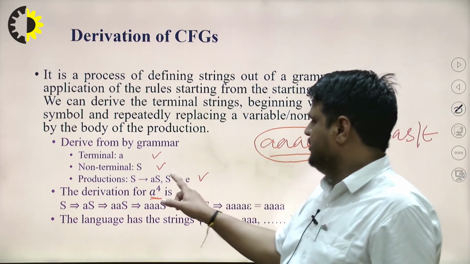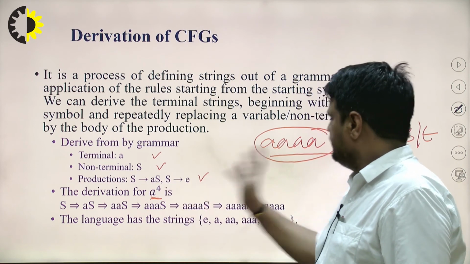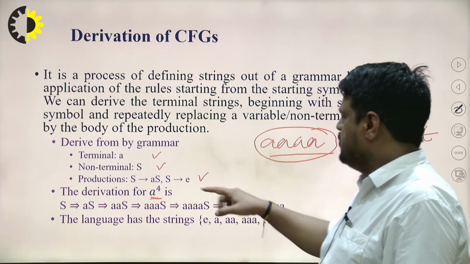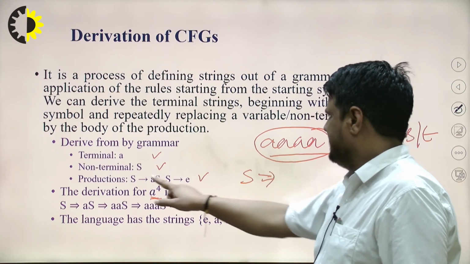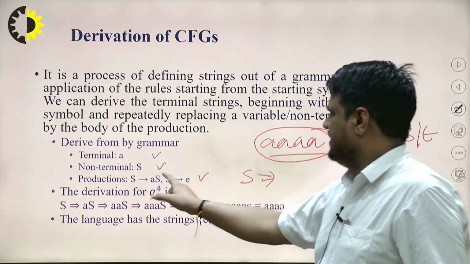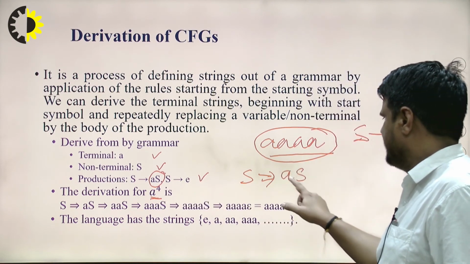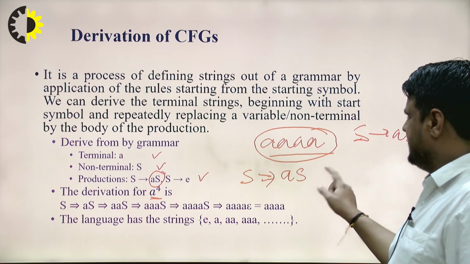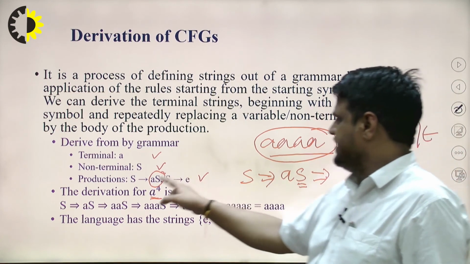So we have two productions, S tends to aS | S tends to epsilon. We have to derive the string a. How can we derive? We have to substitute S by the right hand side aS. So we get the string aS, right? Once again, we substitute this S by the same production's right hand side.